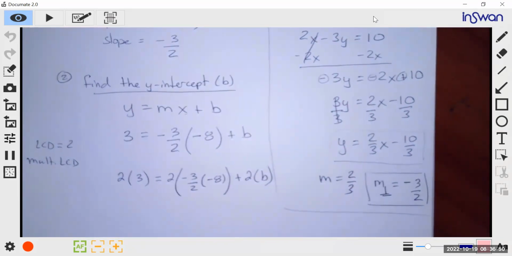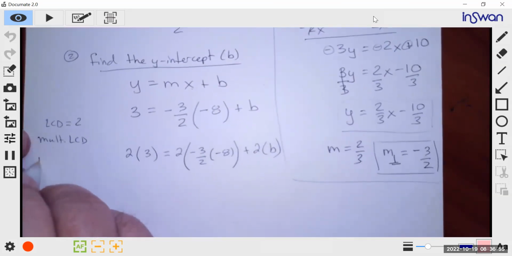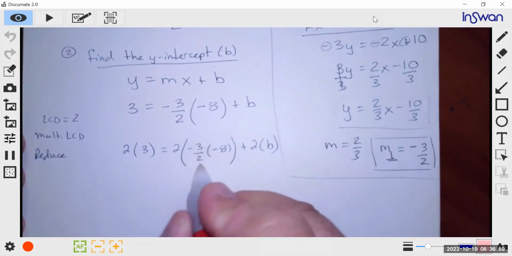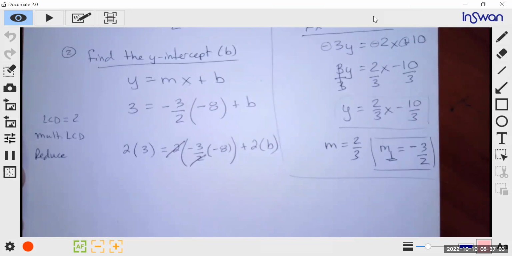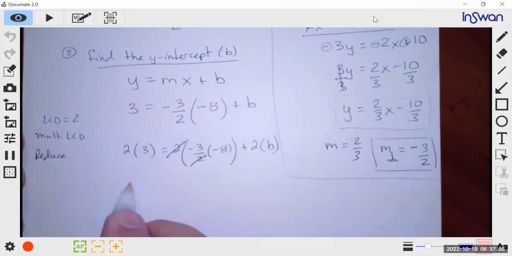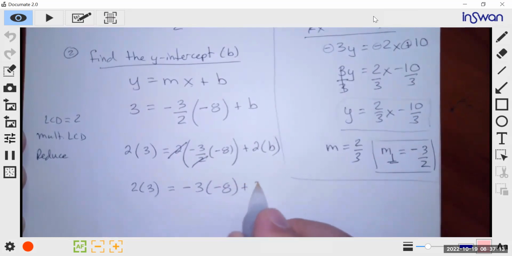So each term, put a 2 in front of it. Reduce. Only ones that cancel are those 2's. Write down what we have.